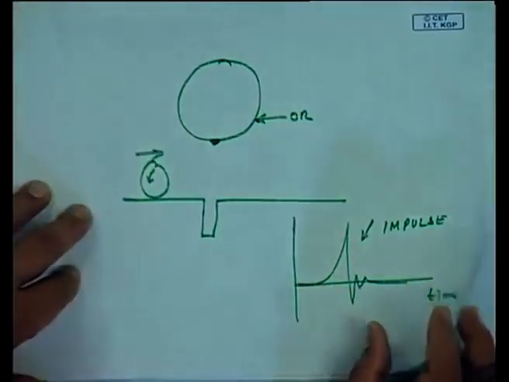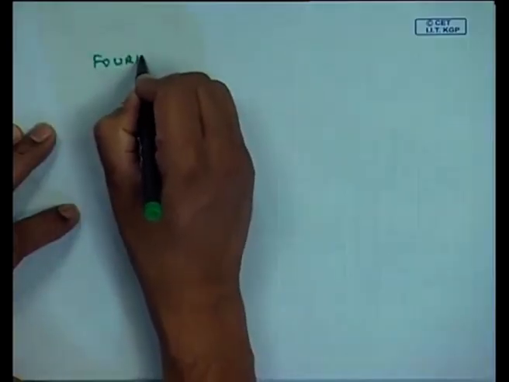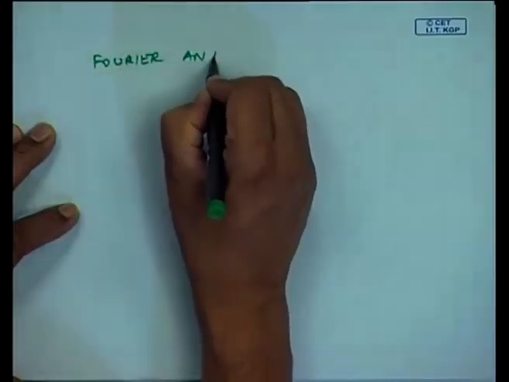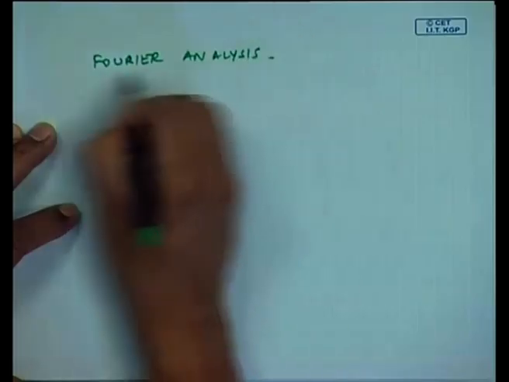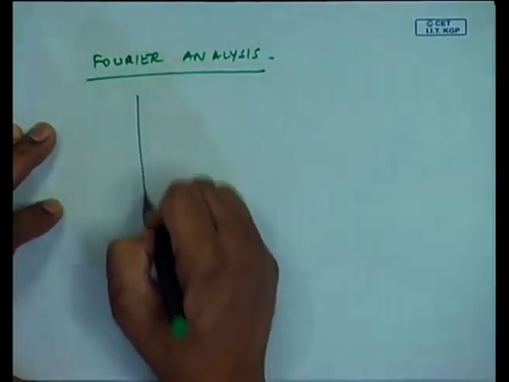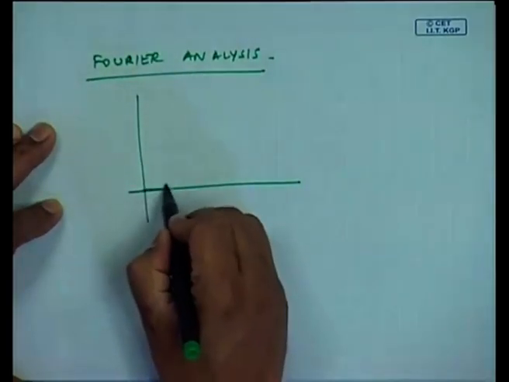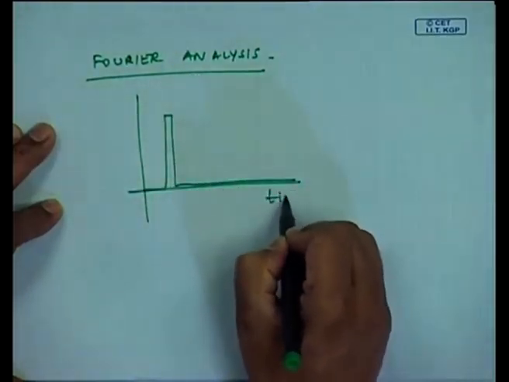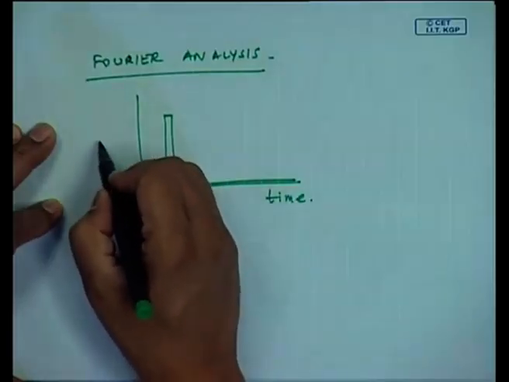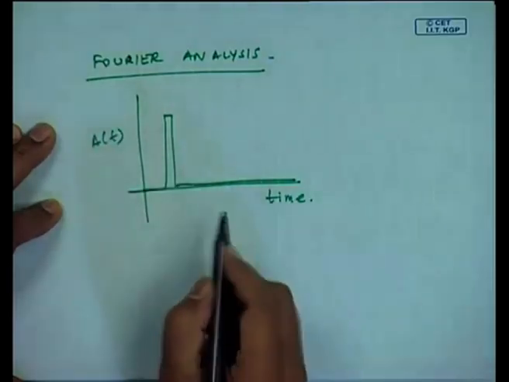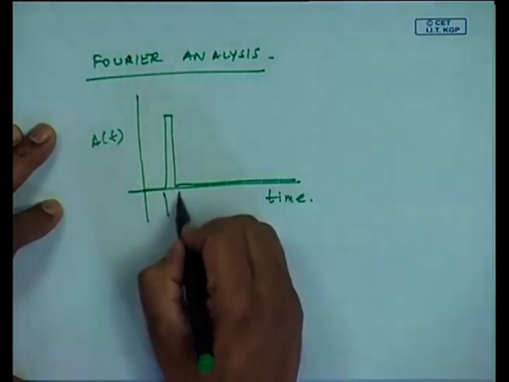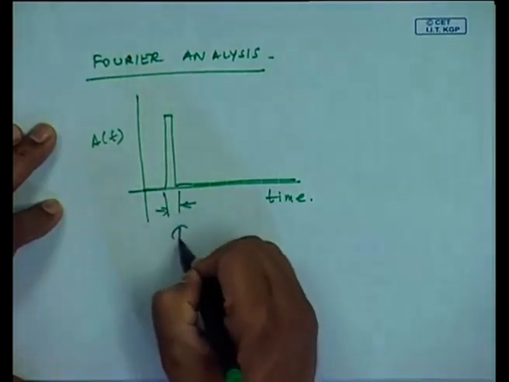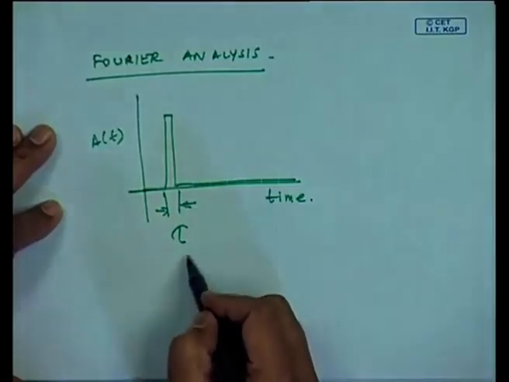Now, I will draw your attention to your earlier theories on Fourier analysis. Any time domain signal, suppose this is a very small signal of dimension tau.